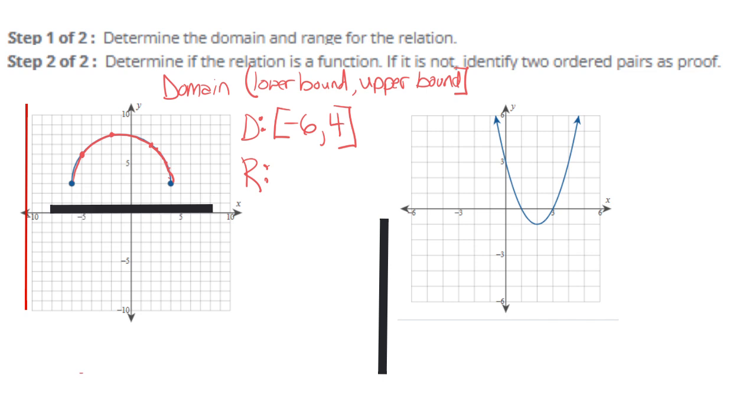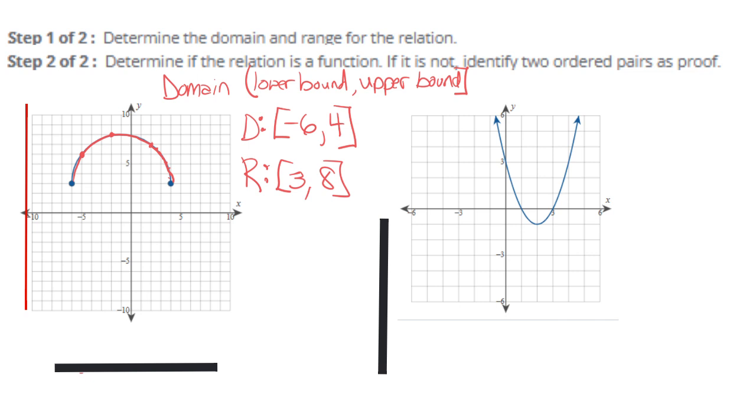So that's going to be the lowest my graph ever gets. The lowest it gets hits right there at 3. And it actually hits it, so that would be a bracket. And then the highest it ever gets lands right here at 8. And it does actually touch at the 8. So then I'm going to do a bracket. The lowest it is 3. The highest it is 8, with brackets on that.